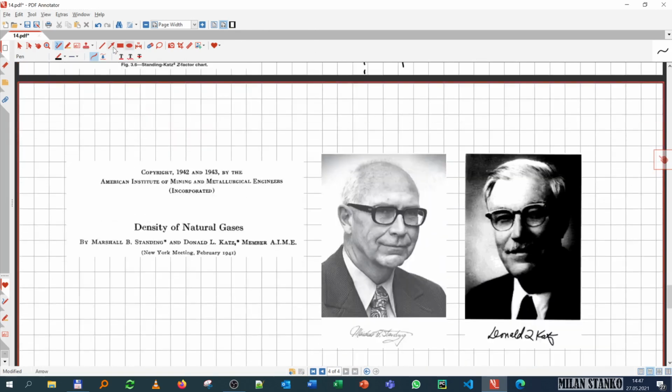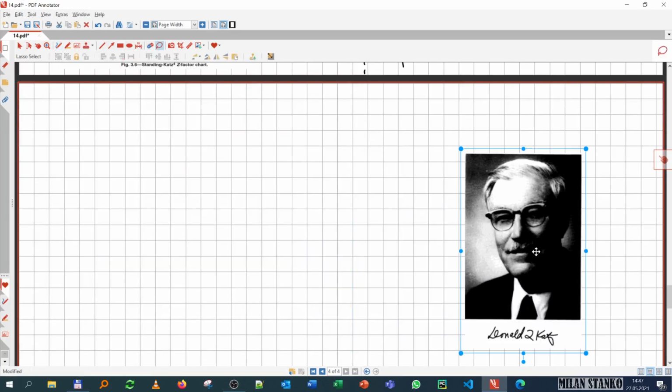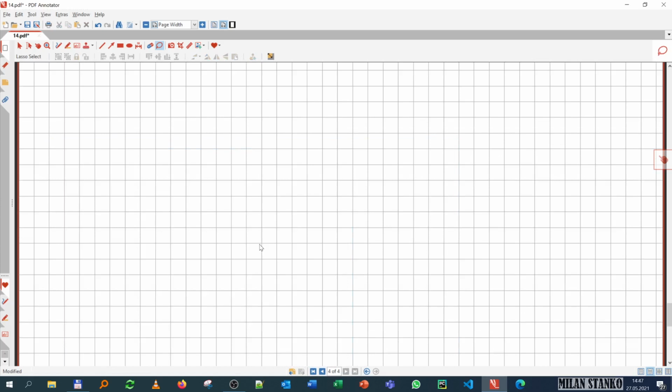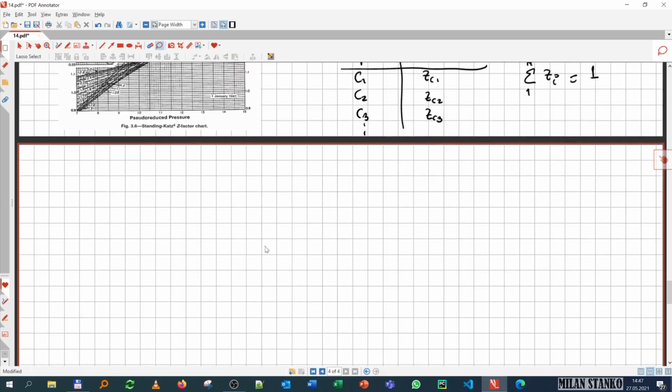And the molecular weight of the mixture that you want to use is then the weighted sum of the molecular weight of each component times its molar fraction.